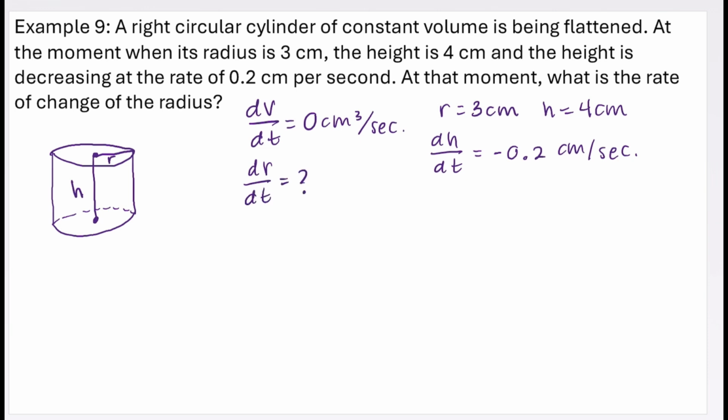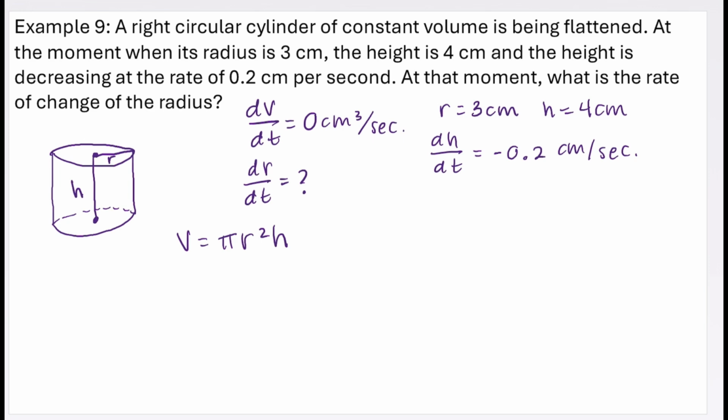All right, so we're using the volume of a right circular cylinder, which is pi r squared h. So it's essentially the area of the bottom multiplied by the height. So volume is pi r squared h. And I'm going to go ahead and find the derivative of both sides.